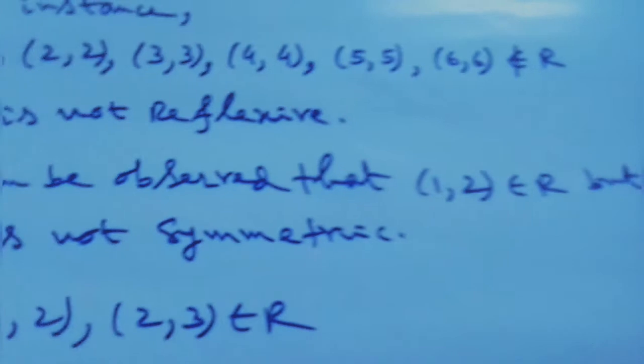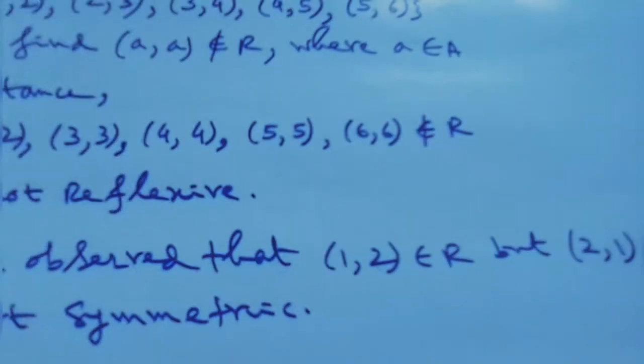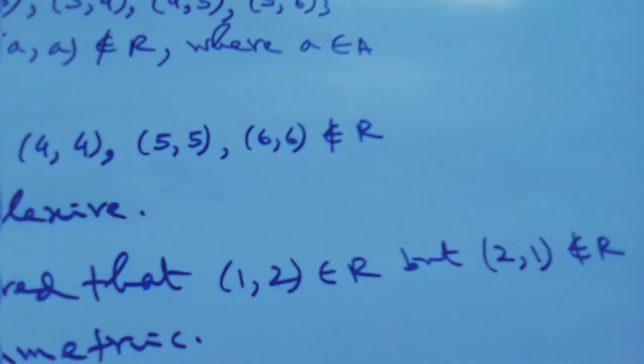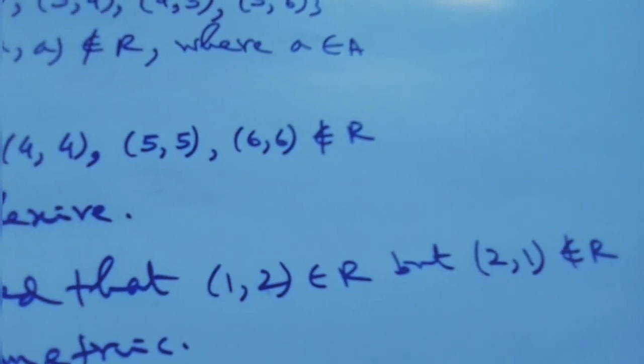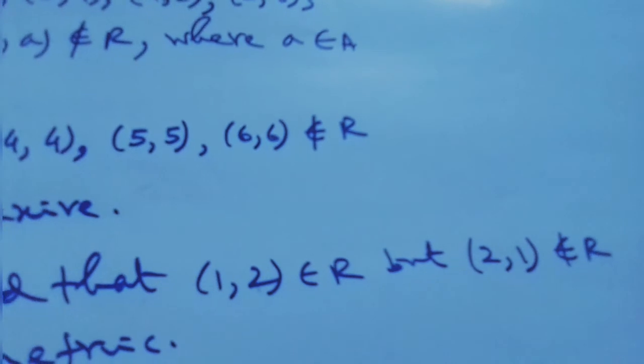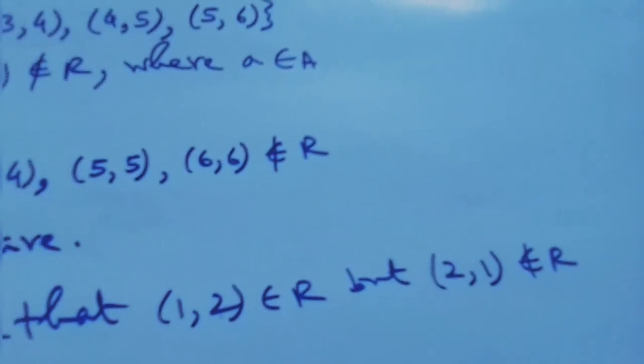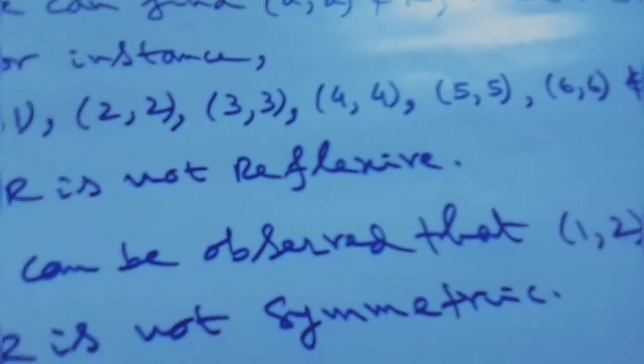It can be observed that (1, 2) belongs to R, since 2 equals 1 plus 1. But (2, 1) doesn't belong to R, as 1 is not equal to 2 plus 1. So R is not symmetric.